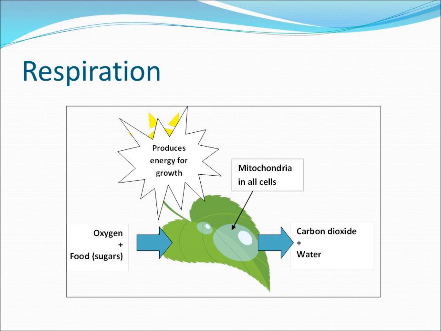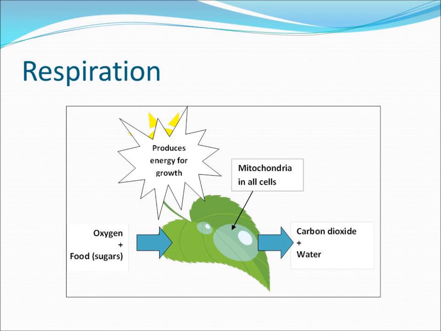Respiration is the process of converting that stored food into usable energy. It occurs in the cells, in tiny organelles called the mitochondria, and it occurs in all living cells within a plant. The basic requirements for respiration are sugars, which of course are produced from photosynthesis, and oxygen, which is taken from the air.